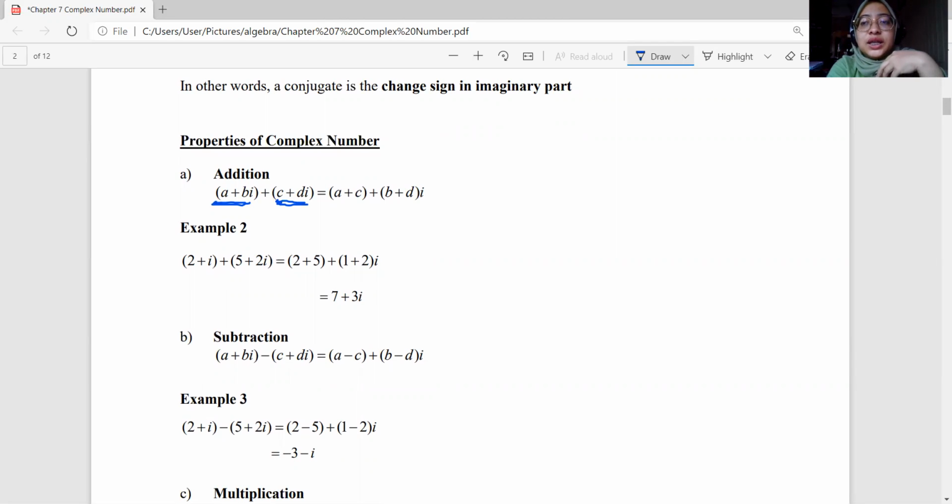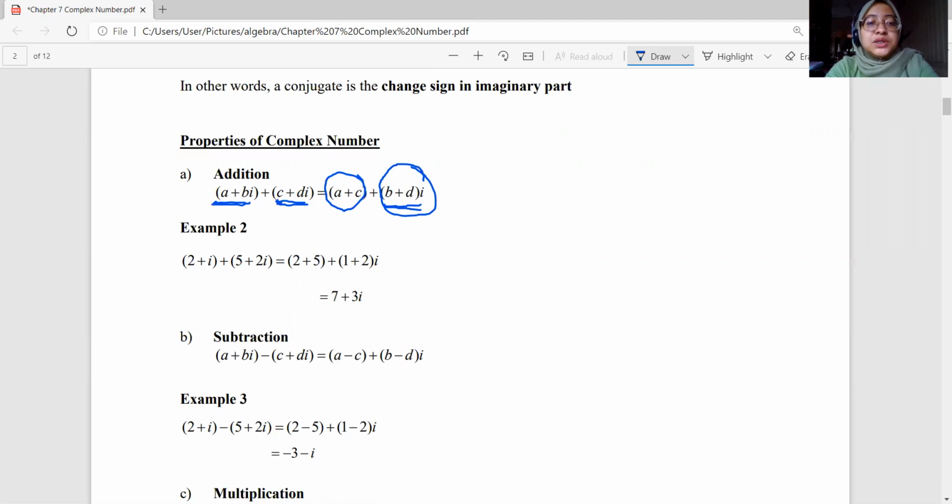Every complex number has a real part, so we add the real parts together, and then we add the imaginary parts together.